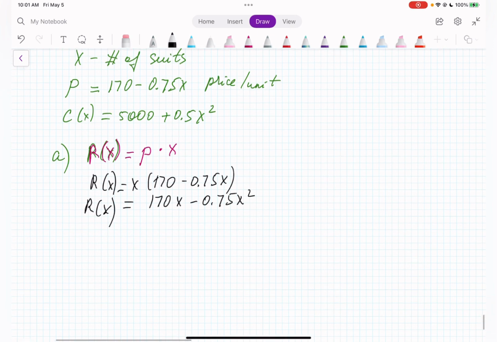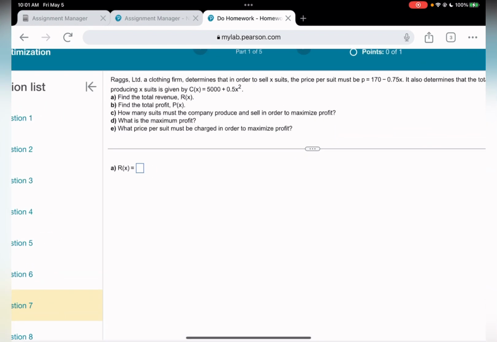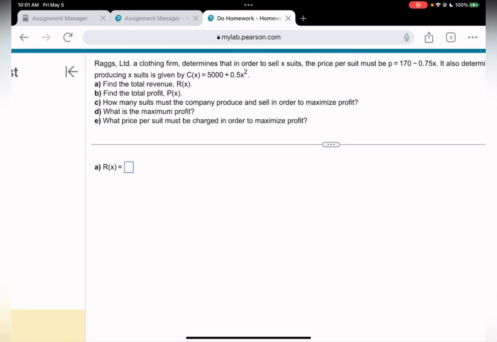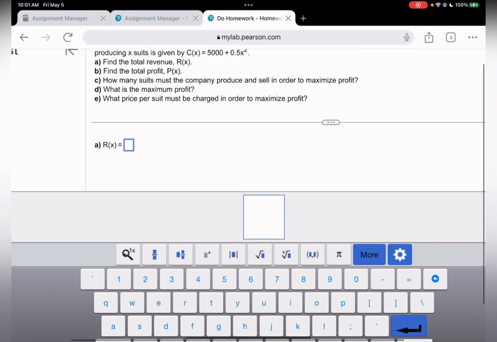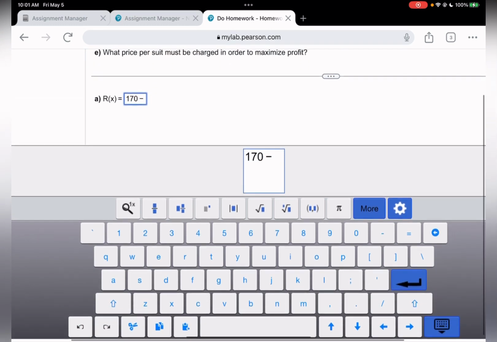Okay, now let's enter this information: 170x minus 0.75x squared. Total revenue is 170x minus 0.75x squared.